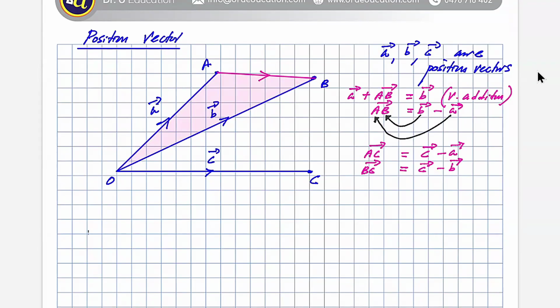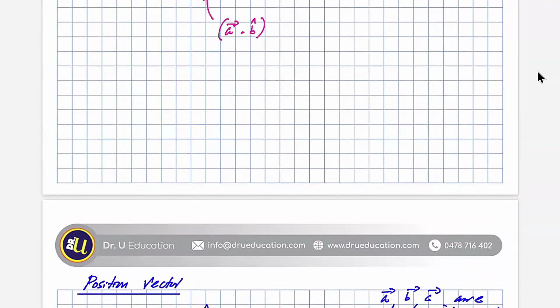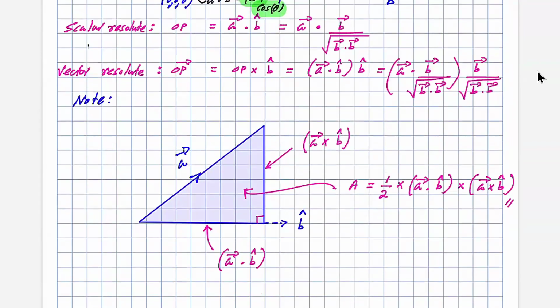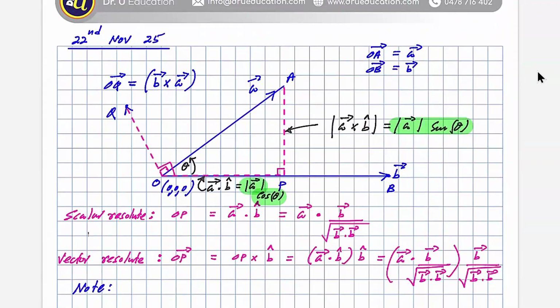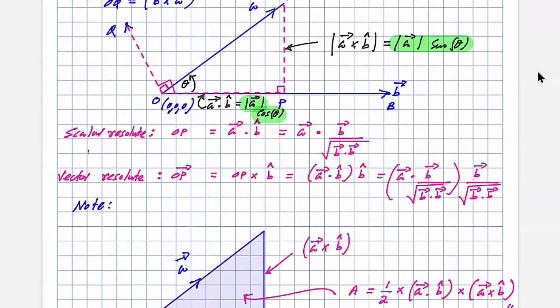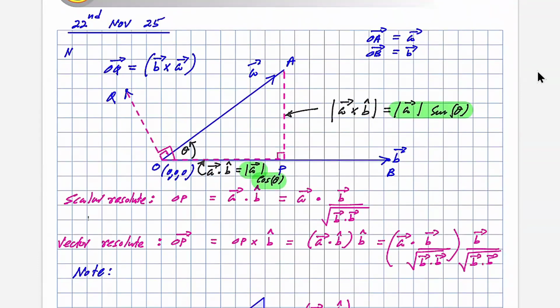Good. Okay, so this is what I wanted to show you under this position vector rule, right? If you understand this guy, I would say this is a node as well. Node number 1, right?